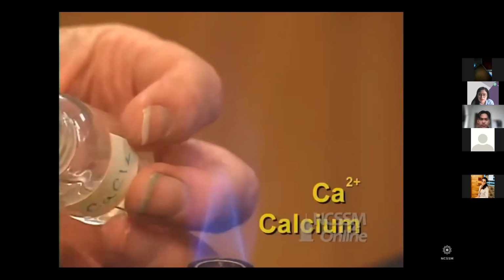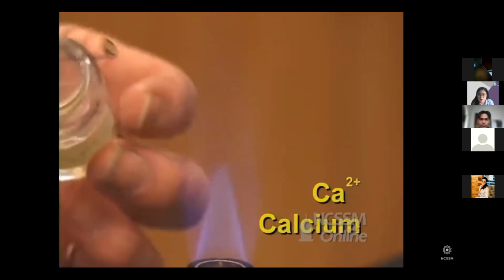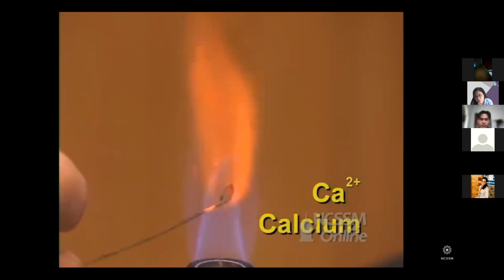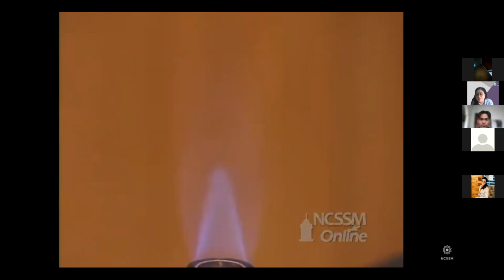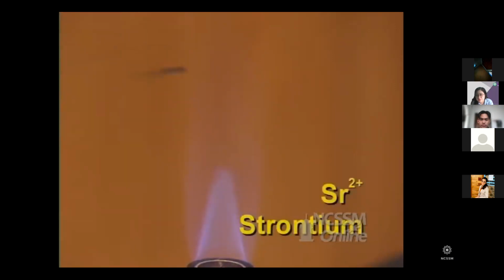This is calcium, sort of a yellow-red. Strontium, this one's a pretty red one.